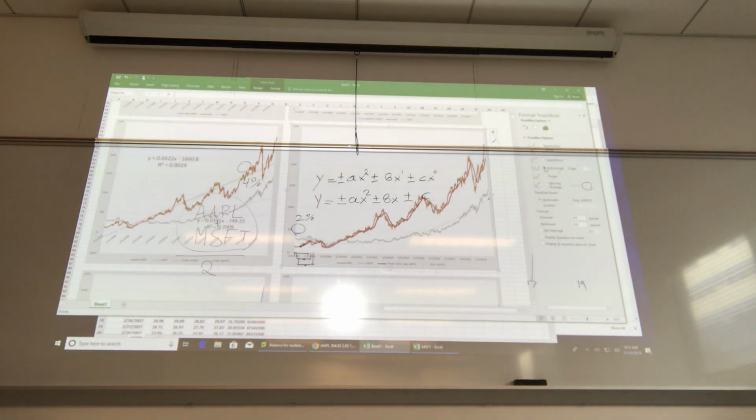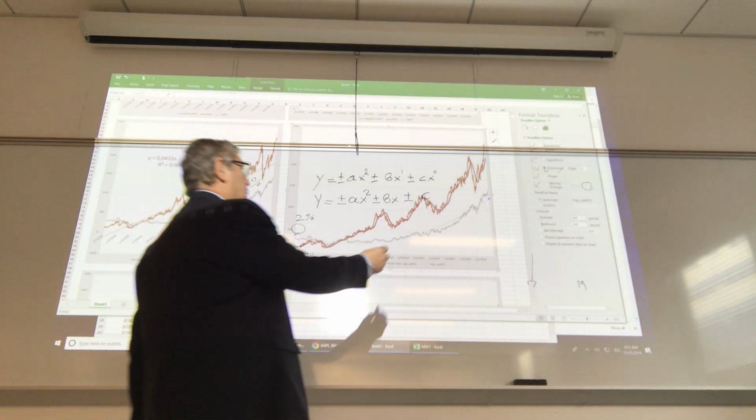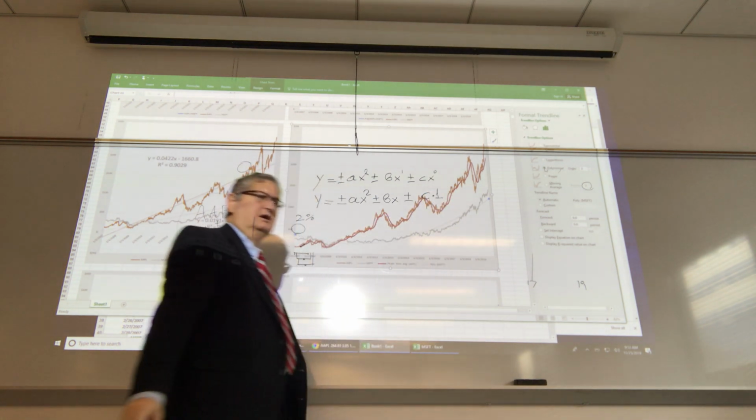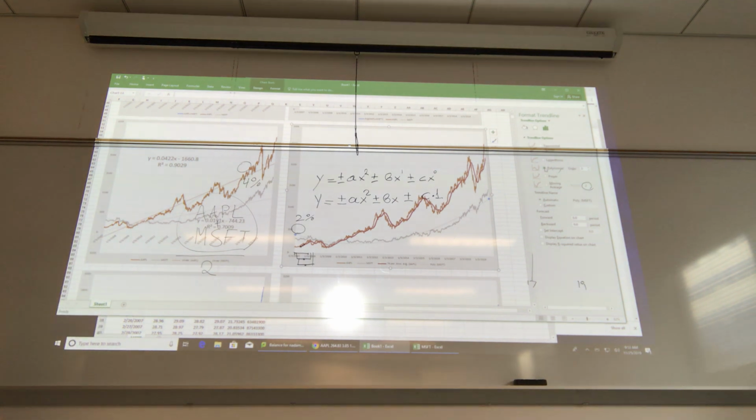Because in algebra, you know that something to the power of 0 is equal to 1, and something to the power of 1 is equal to itself. So you don't have to write the power of 1.